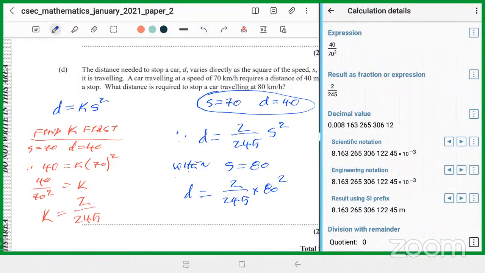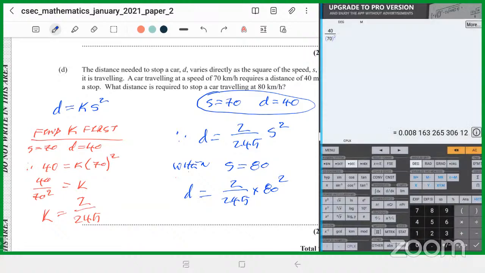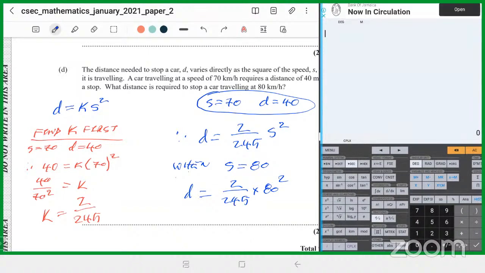So let's go back and work it out right here. Let's work it out: fraction 2 over 245 times 80 squared. I'm getting 52.2, so D equals 52.2 kilometers.